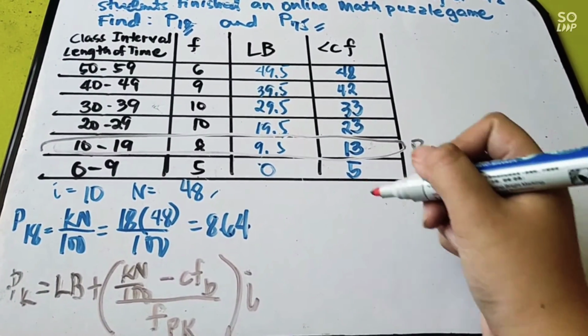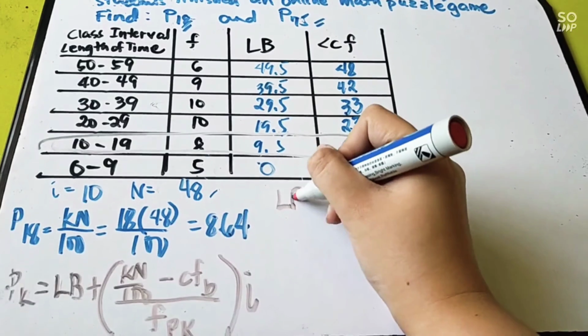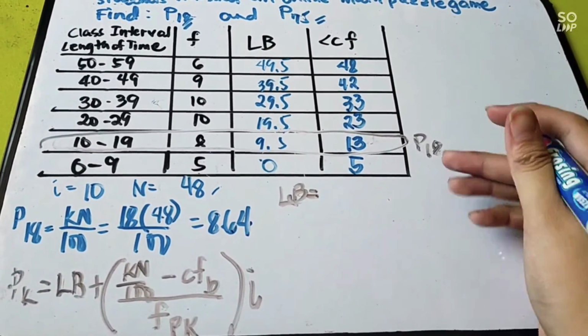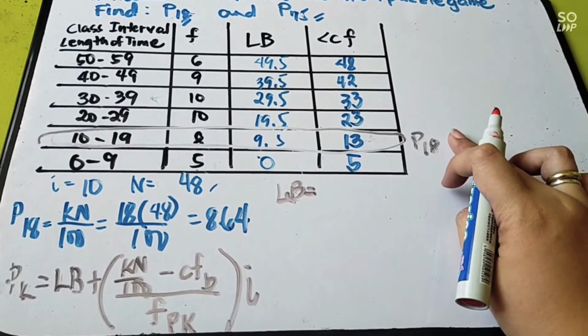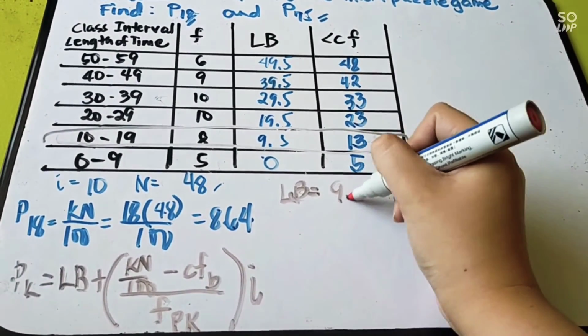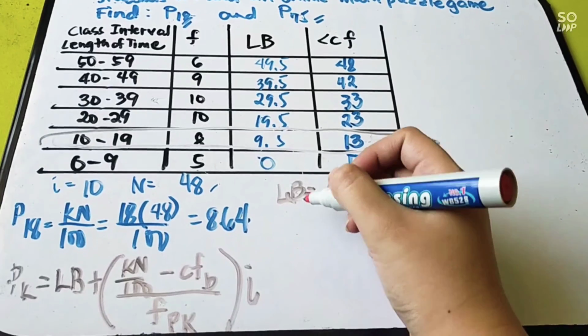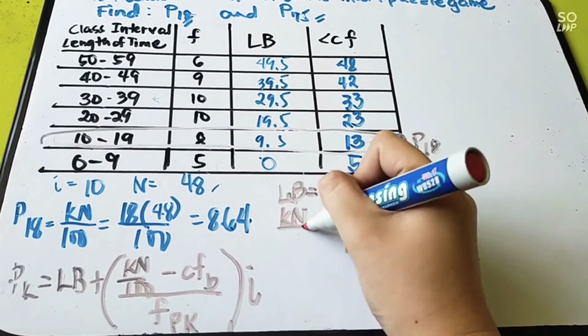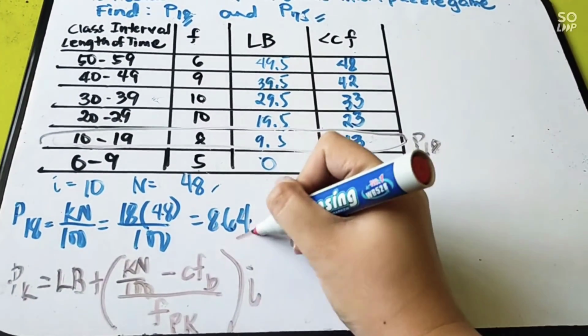So, that's your formula. Let us have your lower boundaries. The lower boundaries of your 18 percentiles, we have here 9.5. Just write here 9.5. Next tayo, your Kn over 100 natin, ito po.